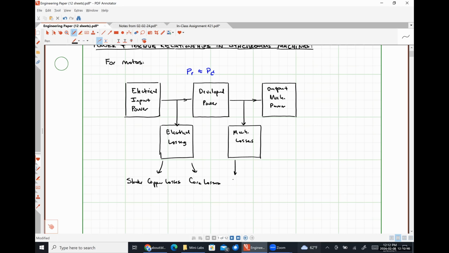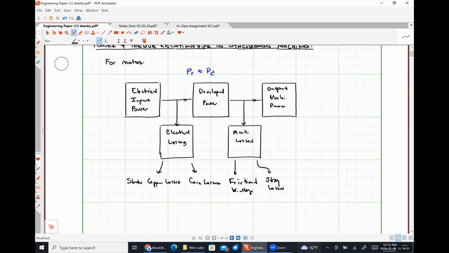And this is going to be like our friction and windage loss, as well as any stray losses that we might have. They just get lumped in, okay? So this is pretty darn similar to what we saw with an induction motor. The only real difference here is that we're not going to worry about our rotor copper losses.